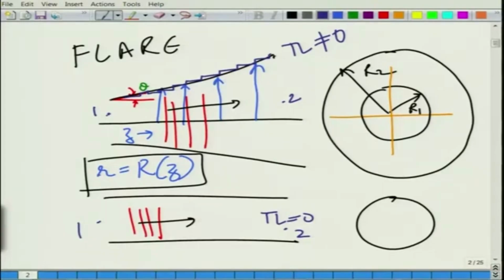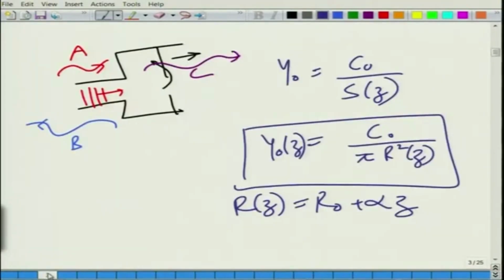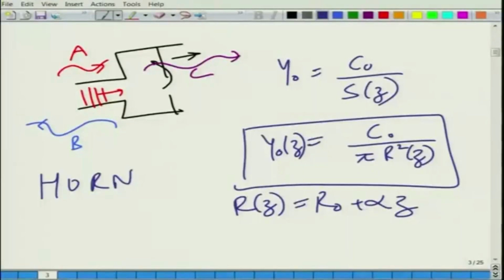Even for a simple thing like a horn, this is the first time I am introducing this term, the transmission loss across the end with a smaller cross section and the one with a bigger cross section would be non-zero. That is because of gradual, continuous reflection, small in bits and pieces; a small amount of acoustic power is always reflected back, and the cumulative effect shows up in the transmission loss computations.